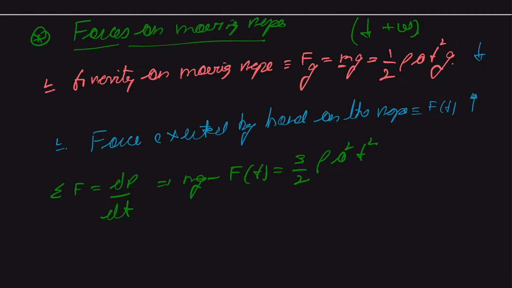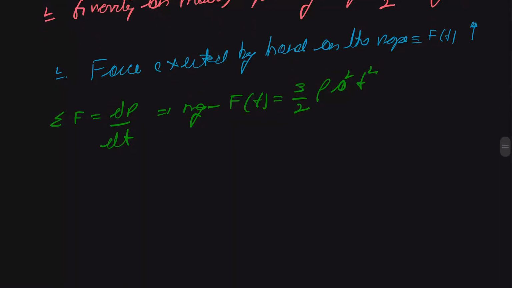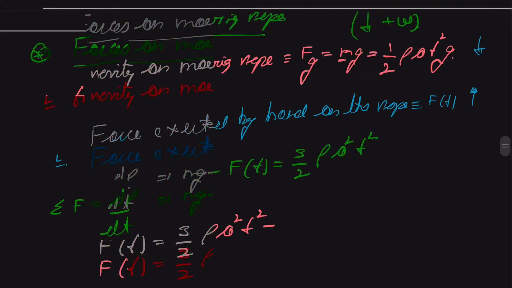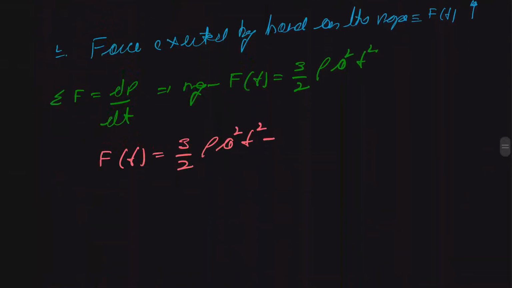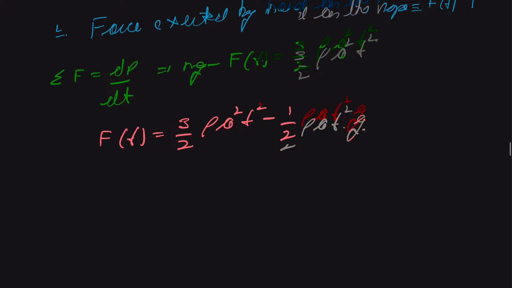And we can easily find that F_t is equal to, in place of mass we put it in, 3 by 2 rho a square t square minus, and our mass is half rho a t square times g.